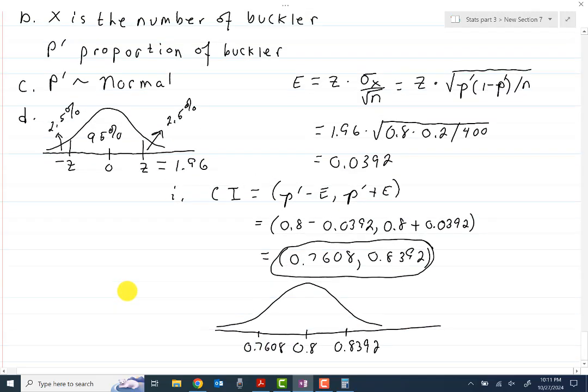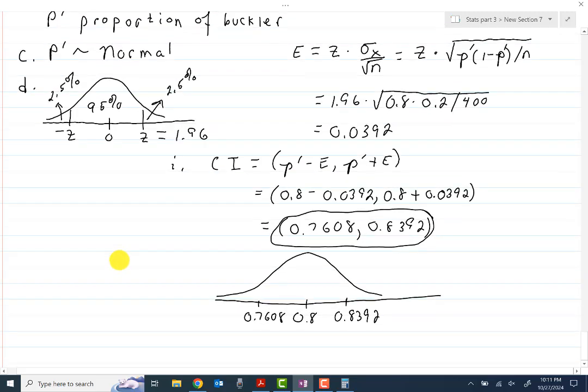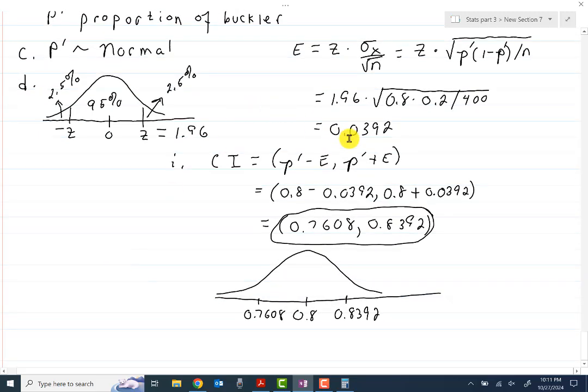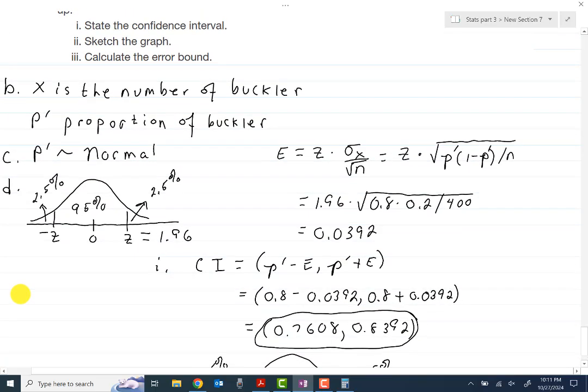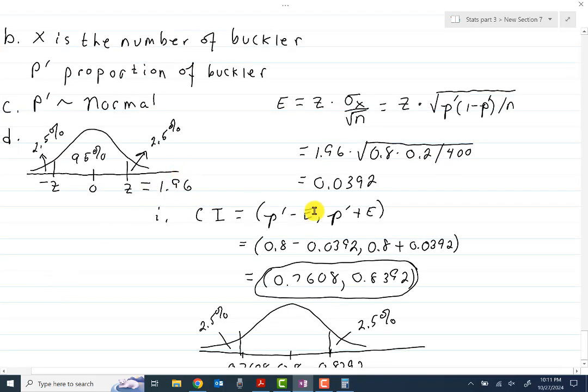The error we were trying to accomplish was 0.039. Well, that is the error we did accomplish. So those distances there are 0.0392. We were 95% confident. So we have 2.5% here and 2.5% over there. Calculate the error bound. Well, there it is right there. Error bound means E. So there is your error for the problem.